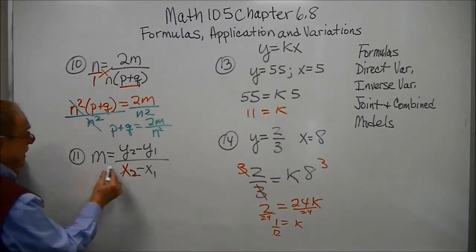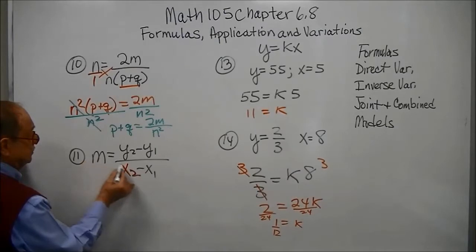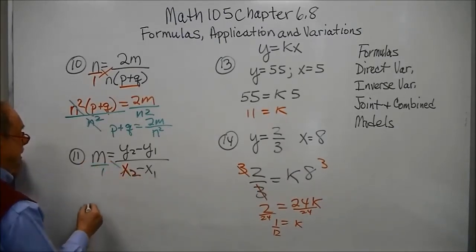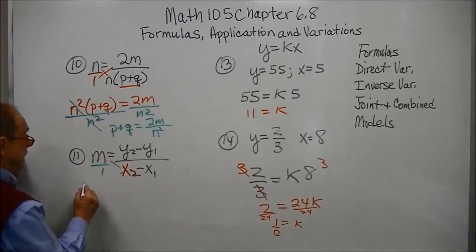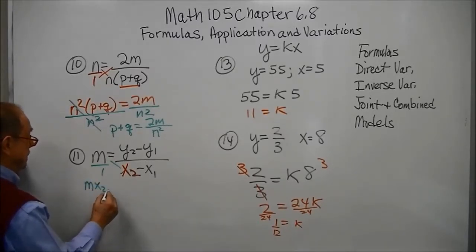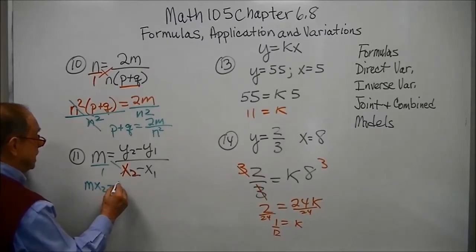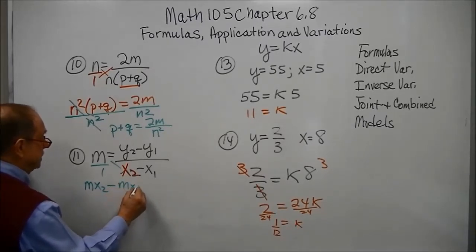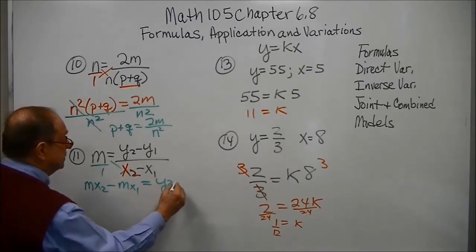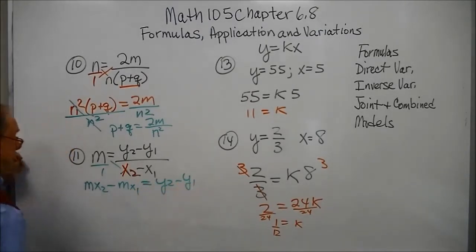And the same thing here. We're going to cross multiply, and we get m x sub 2 minus m x sub 1 equals y sub 2 minus y sub 1.